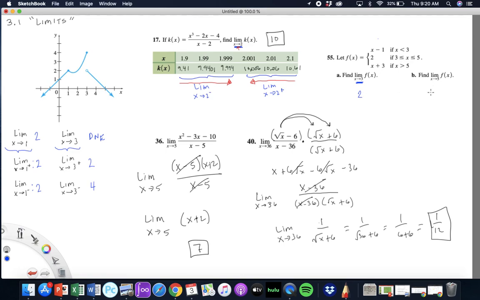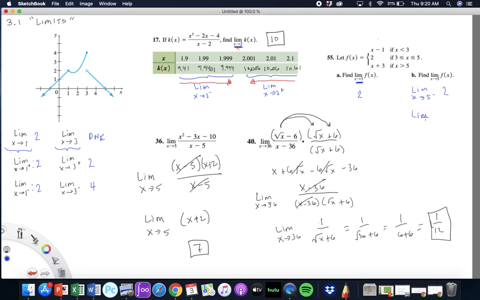Let's talk about 5 though. If I plug in 5, in this case, I get 2. So if I approach from the left, I get 2 as an output. The limit as x approaches 5 from the left is 2.